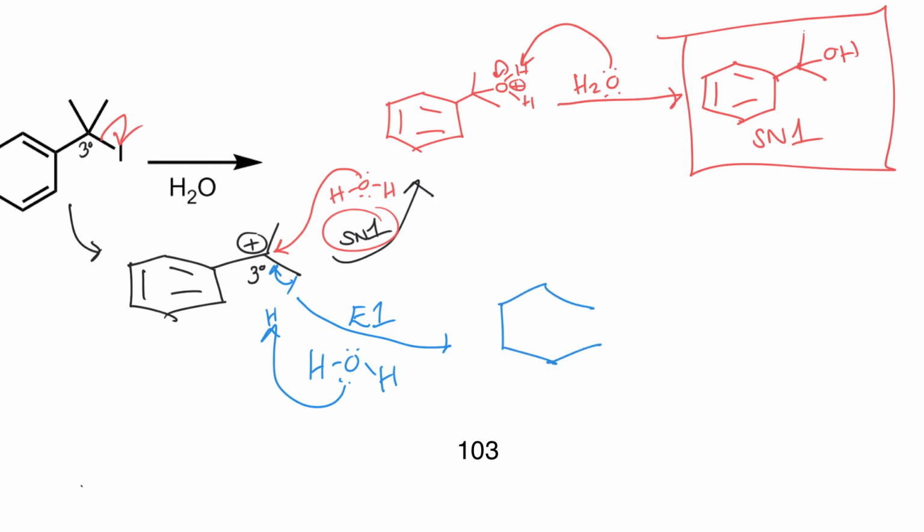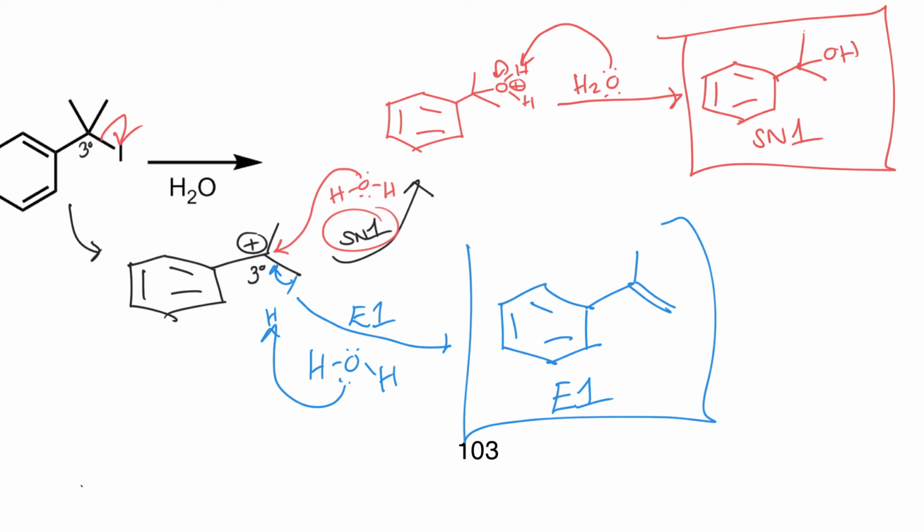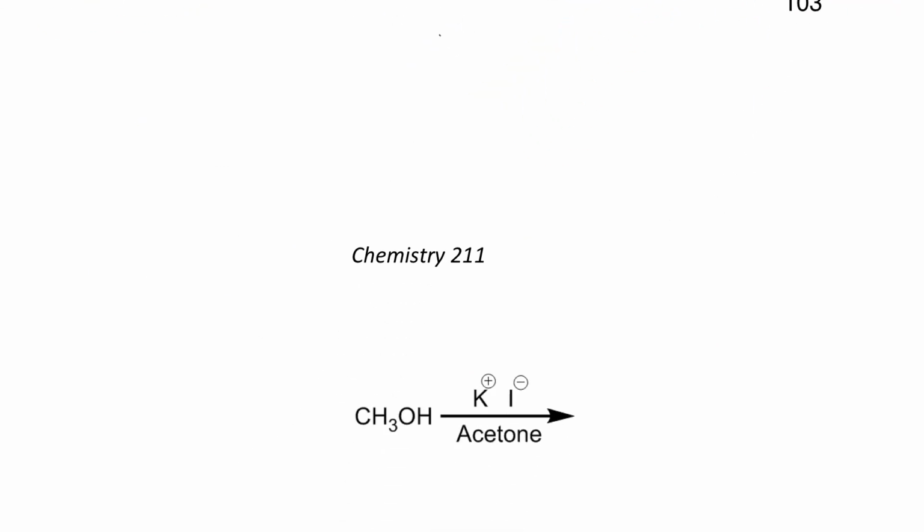Oh, how lovely. We are done. Much shorter mechanism, right? Here's our E1 product. We form both. Okay, so that's an example of how we get to the bottom of that list.